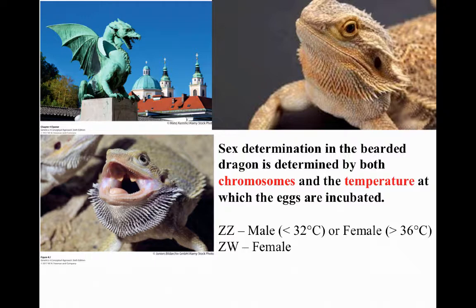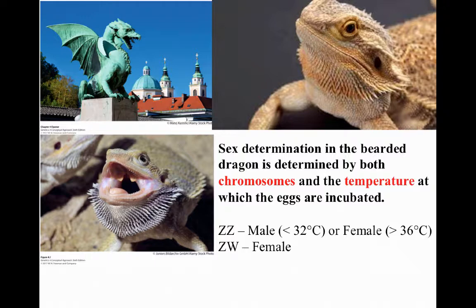The males can have only one genotype for the male sex, ZZ, so it's going to be homozygous ZZ. These males are going to be phenotypically male if they were incubated at 32 degrees Celsius or less. Females, on the other hand, can have one of two genotypes.